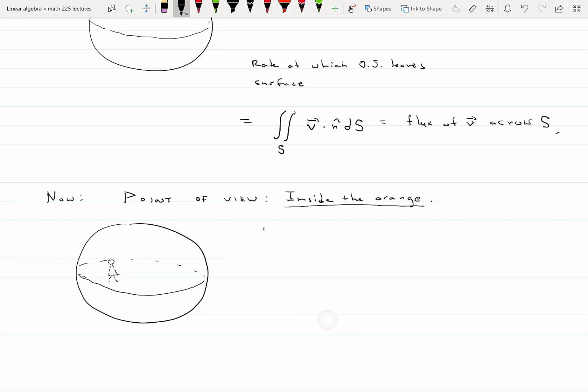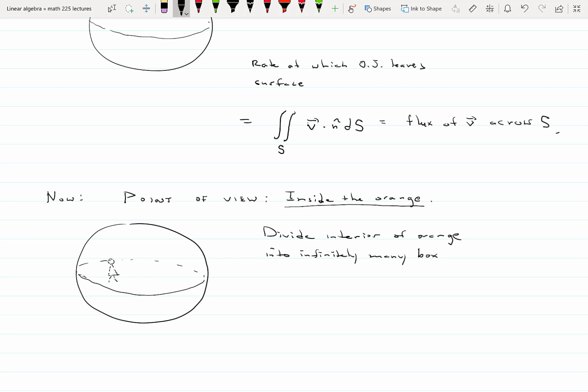Okay, so let's divide. Imagine that person is dividing the interior of the orange into infinitely many, infinitely small boxes of orange juice.